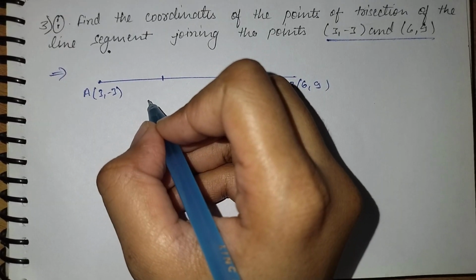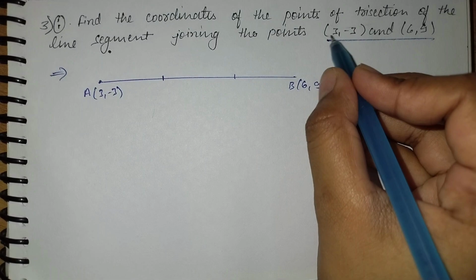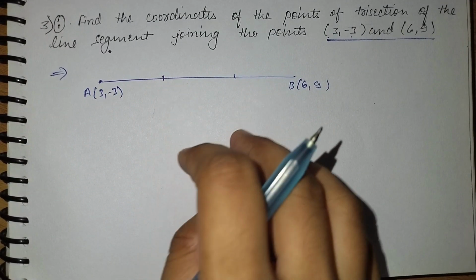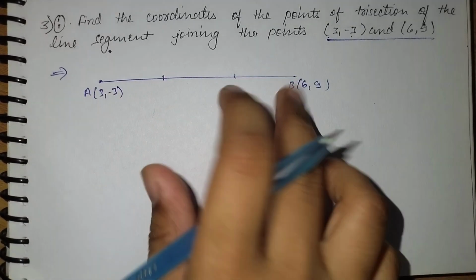So here we have to find the coordinates of the points of trisection of the line segment joining the points 3 comma minus 3 and 6 comma 9. Firstly, we can find the coordinates dividing it in 2:1. So this is 2:1.